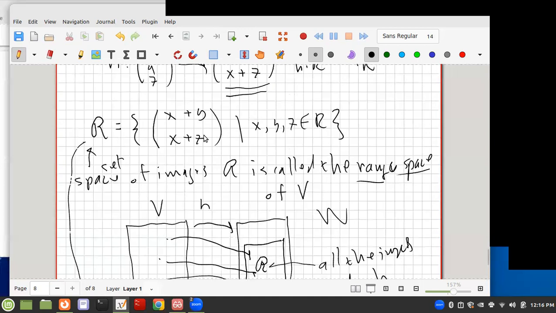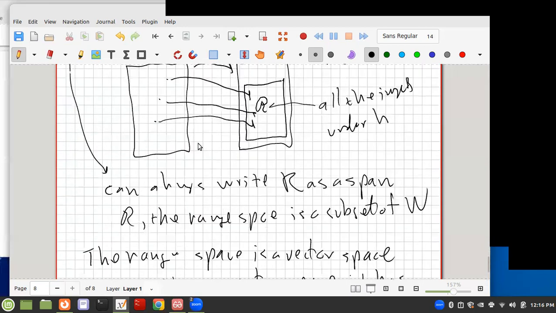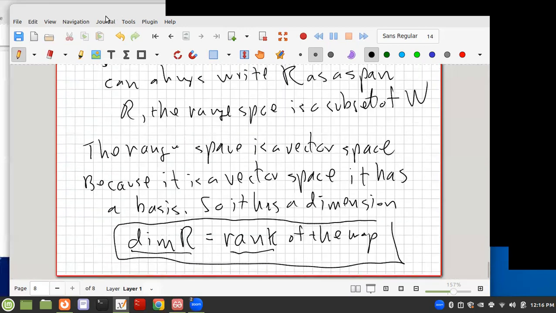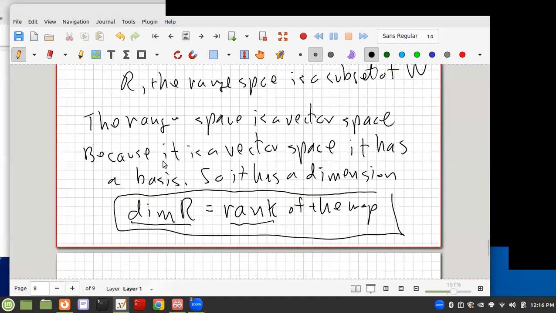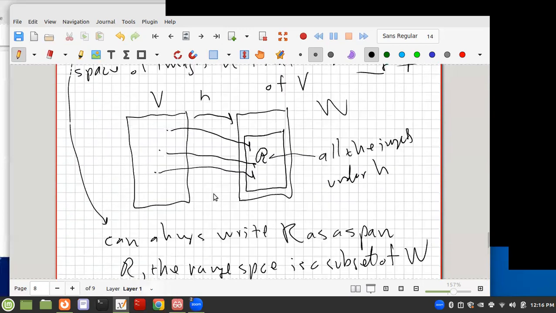That is the standard way. Then the problem asks you to find the range space and find the rank of the map. Finding the rank of the map means finding the dimension of the range space.